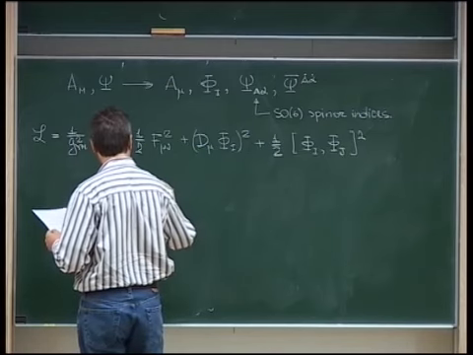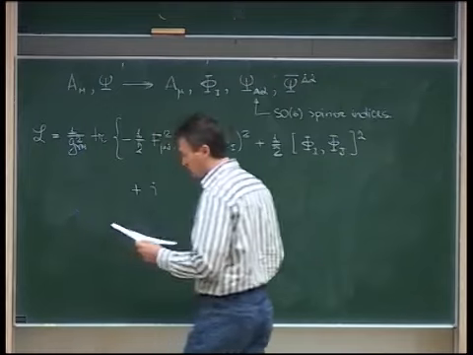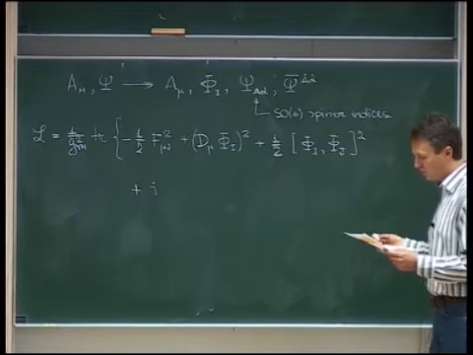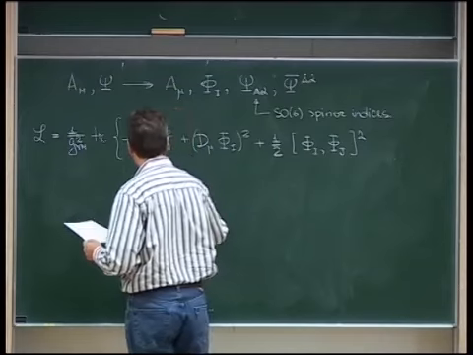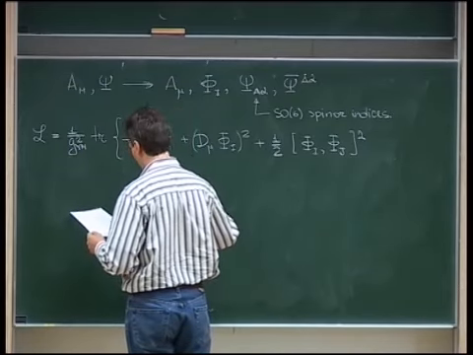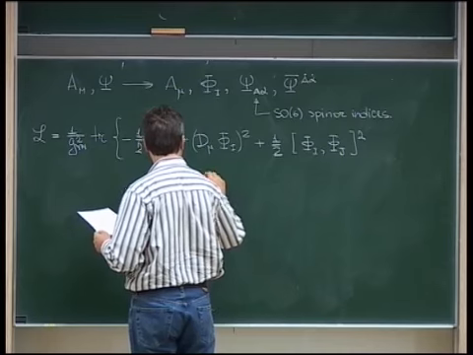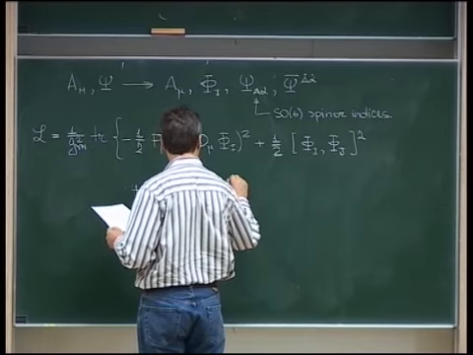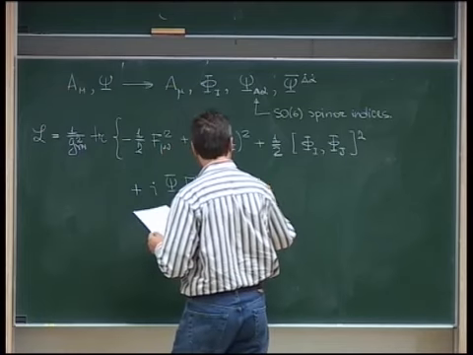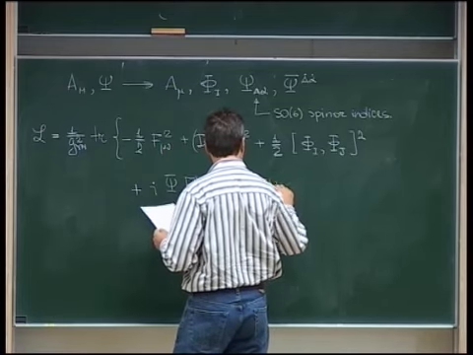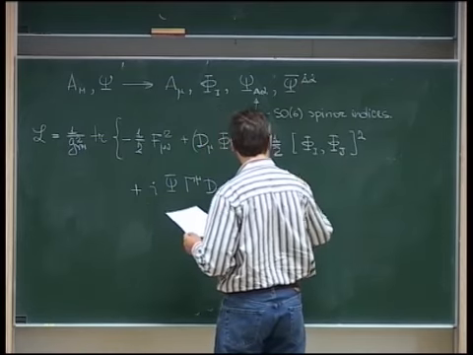And then there are also interactions with fermions. Fermions interact in the minimal way with the gauge fields, and they also contain Yukawa interactions with scalars.